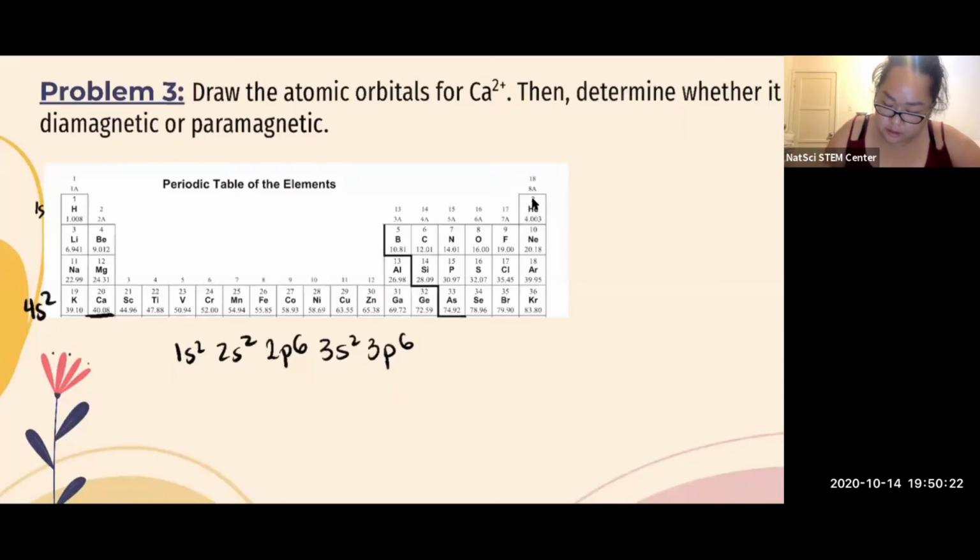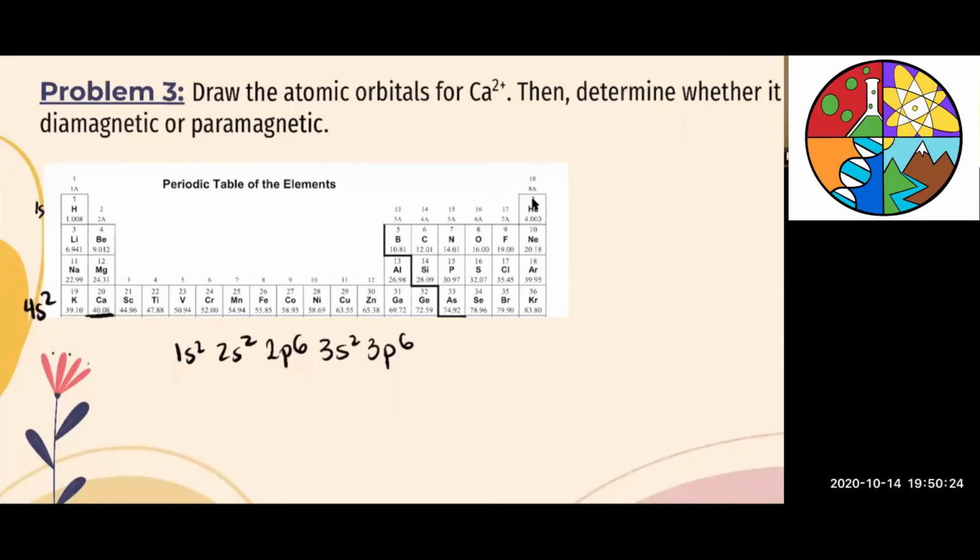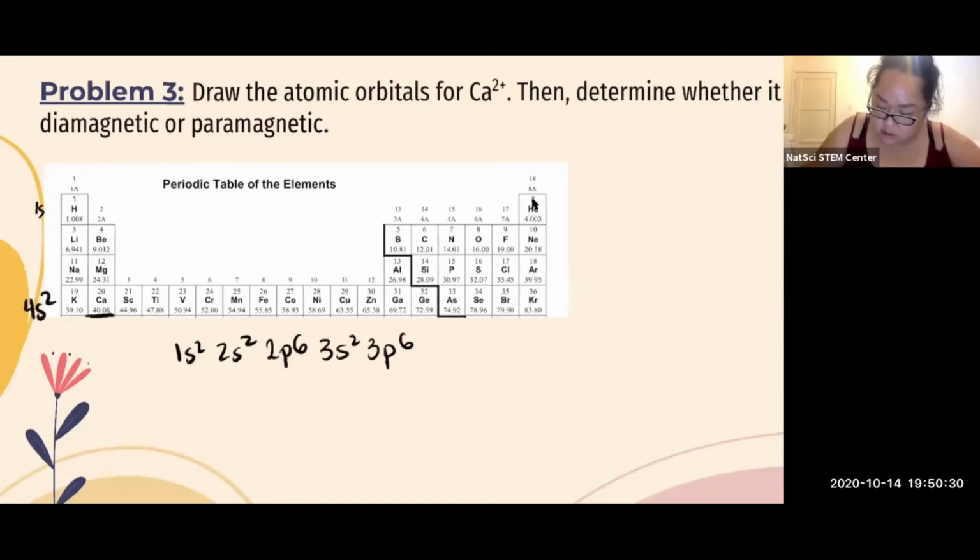When you draw 1s, 2s, 2p6, 3s, and 3p, we'll fill these up. So is this paramagnetic or diamagnetic?